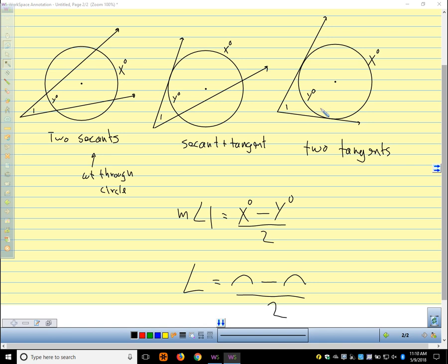All right, so in your flip book, the two tangents are first, and then it does the two secants, and then the secant and the tangent.